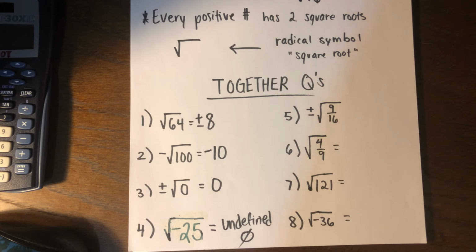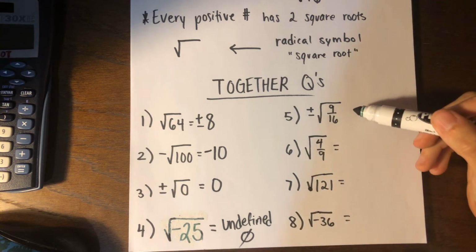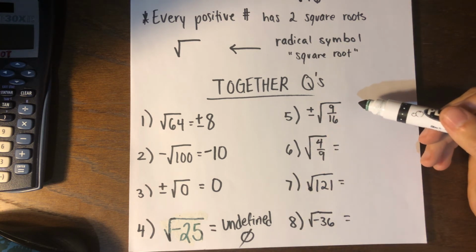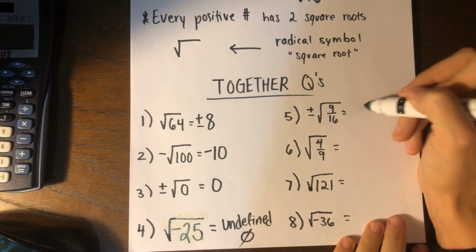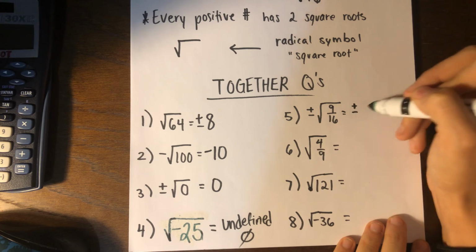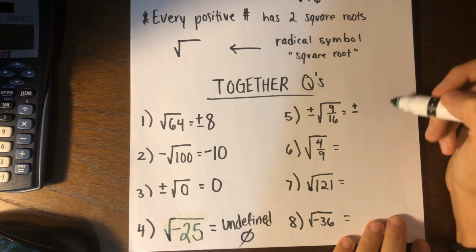Okay, number 5. I have plus or minus the square root of 9 over 16. So I have a fraction. You might be freaking out. Don't freak out. There's an easy way to solve this. Okay, so we have the square root of 9 and 16. Okay, so we're just going to break this apart. We're going to put our equal sign, right? We're going to separate the square roots. So we have a fraction.